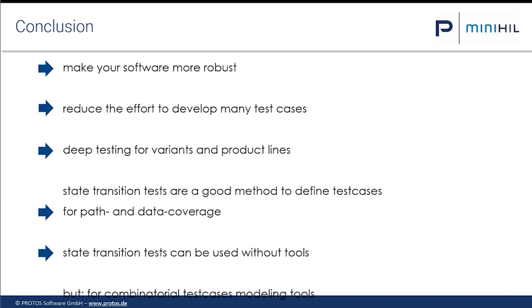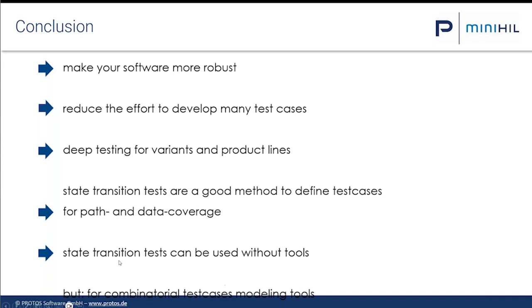Let's jump to the conclusion. So we want to make your software more robust. You can reduce the effort to develop many test cases with this method. You can do very, very deep testing for variants and product lines. So state transition tests are a very good method to define test cases for path and data coverage.